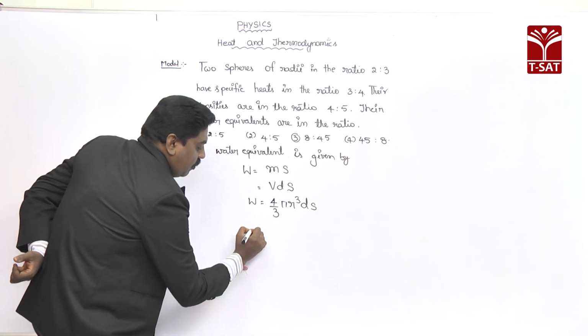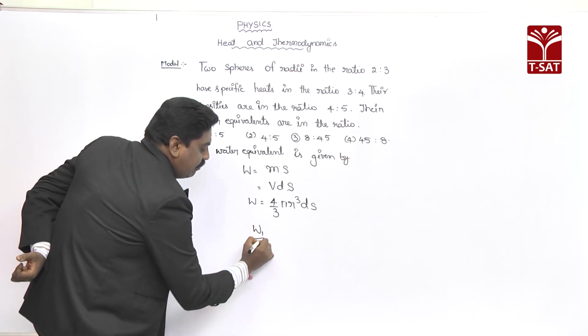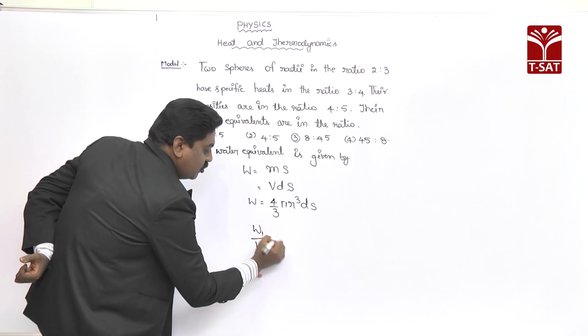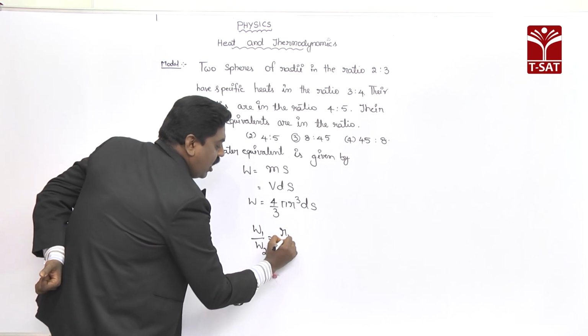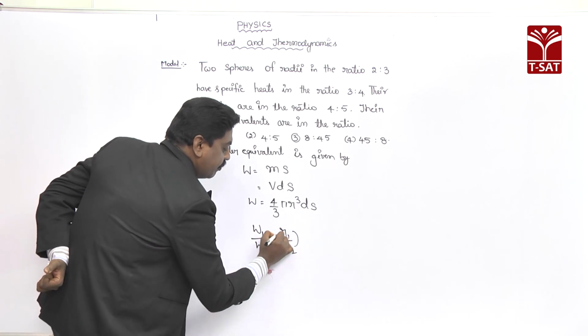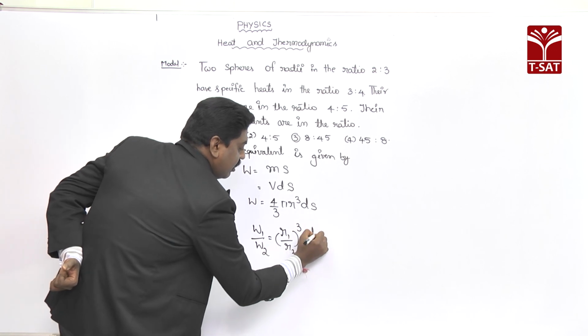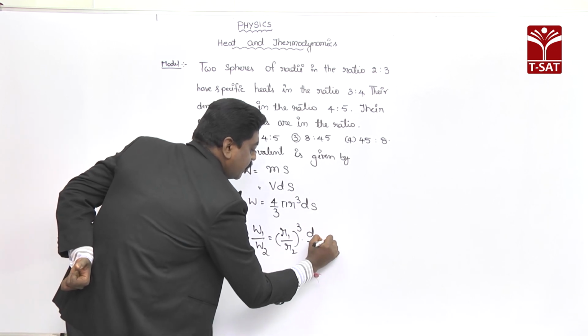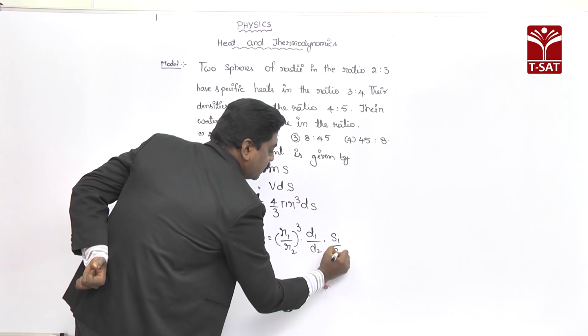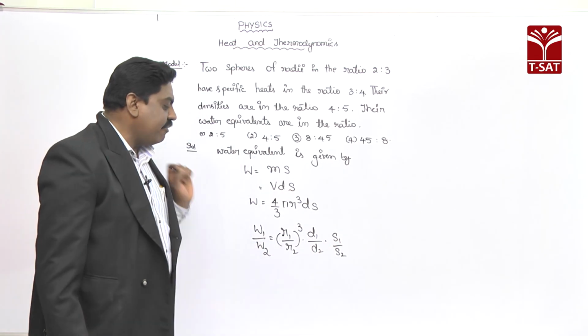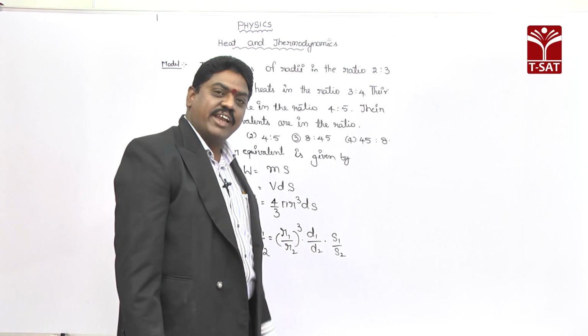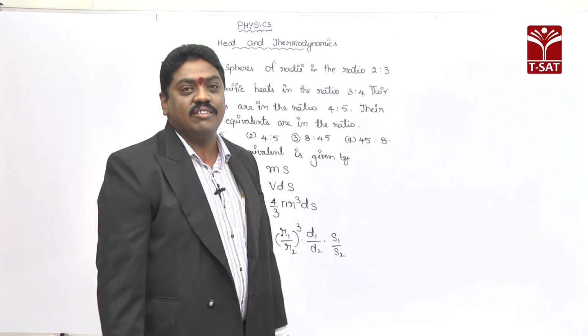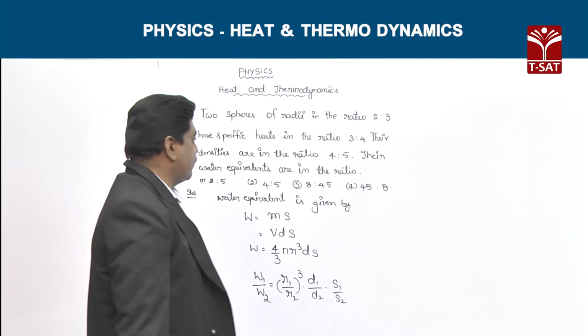So, let me write it as W1 by W2 is equals to (R1 by R2) whole cube into D1 by D2 into S1 by S2. Here R stands for the radius, D stands for the density, and S stands for the specific heats.